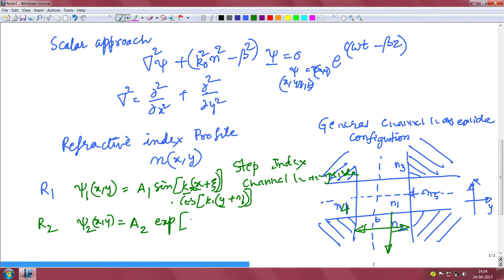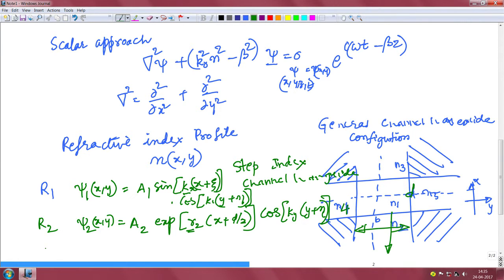I will call the decay constant as gamma 2 x minus d by 2, minus or plus, whichever, because that arbitrary constant A2 will absorb other arbitrariness of the constants, and along the y variation I will call it as ky multiplied by y plus eta. So, I am using the decay constant gamma 2, I will call this positive y direction, and d by 2, d is the depth.